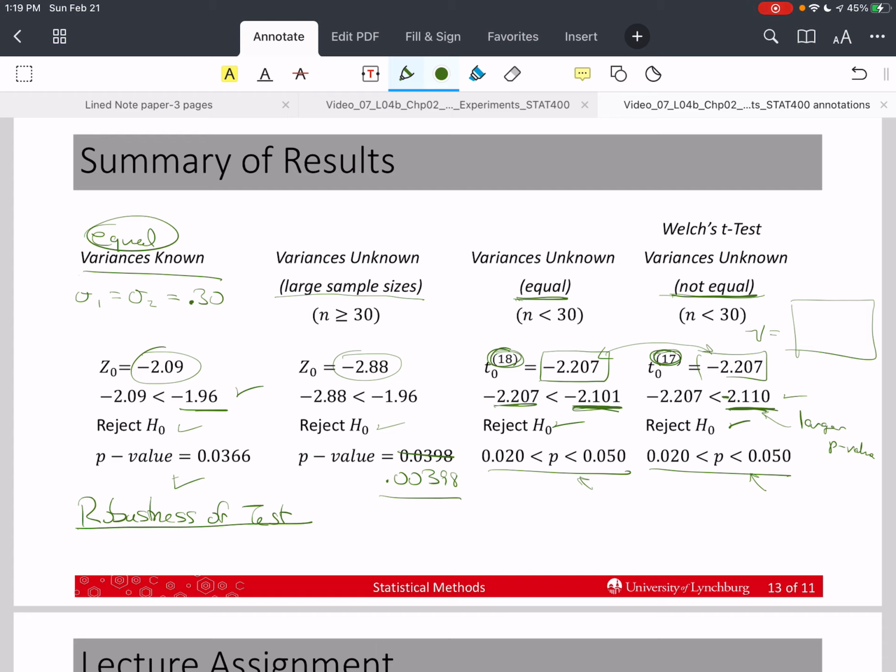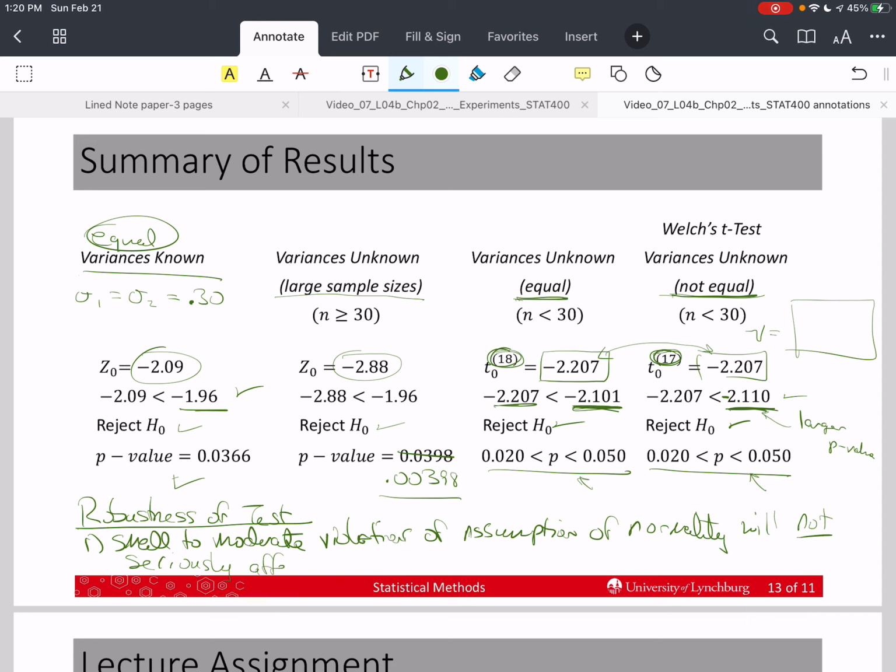So, one, small to moderate violations of the assumption of normality will not seriously affect the results.